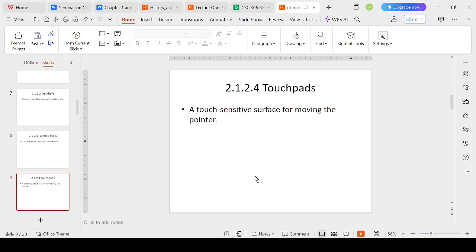Touchpad. It is a touch-sensitive surface for moving your pointer. Several computer systems have a touchpad that you can use to move the pointer. Light pen.